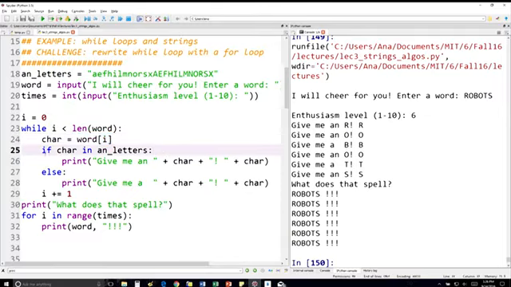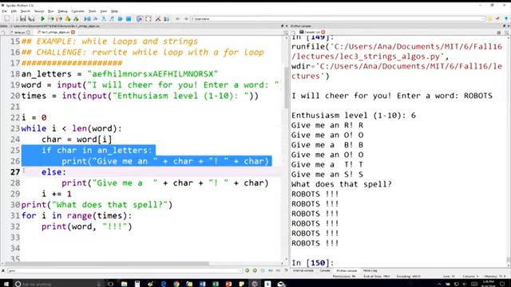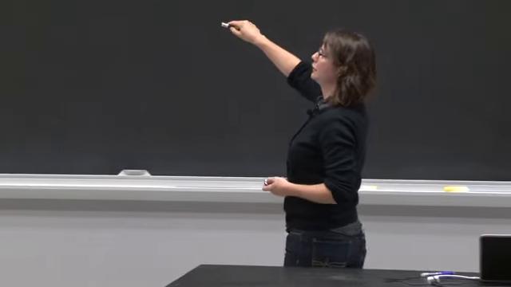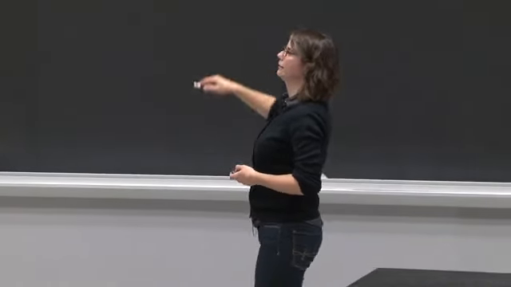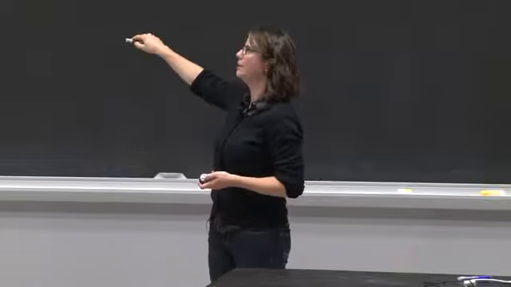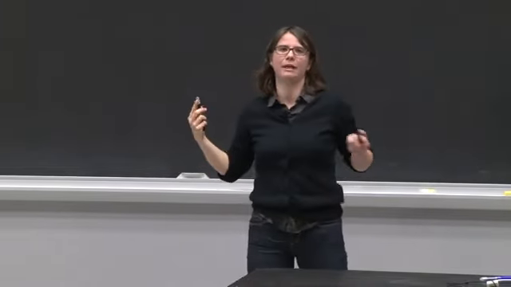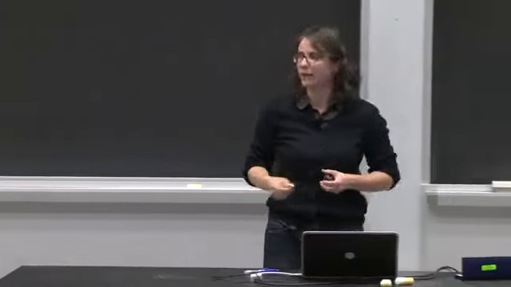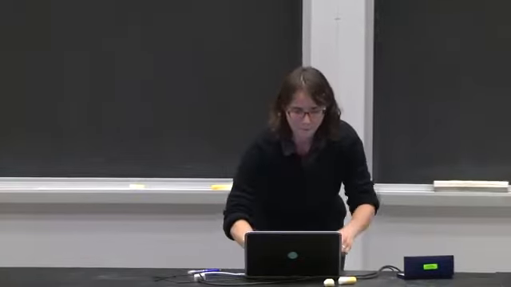This line here is just for the cheerleading to make sense. It's just to take care of letters where it makes sense to use "an", right? So give me an A, give me an B. Give me "an B" does not make sense, right? So that's just taking care of that.